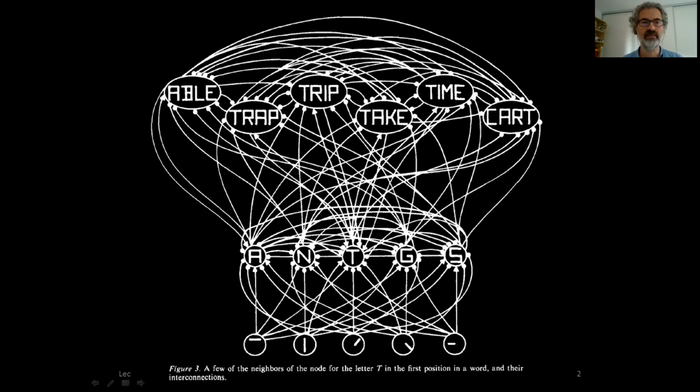So this means that the word trip will actually activate the letter T in the first position, as will the word take, as will the word time. Whereas the word able will instead activate the letter A in the first position. So words are feeding back to the letters they contain.